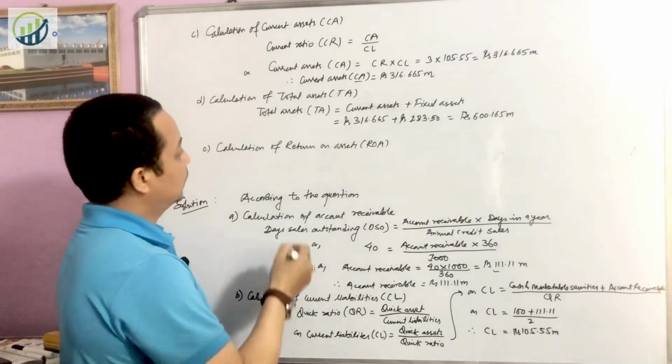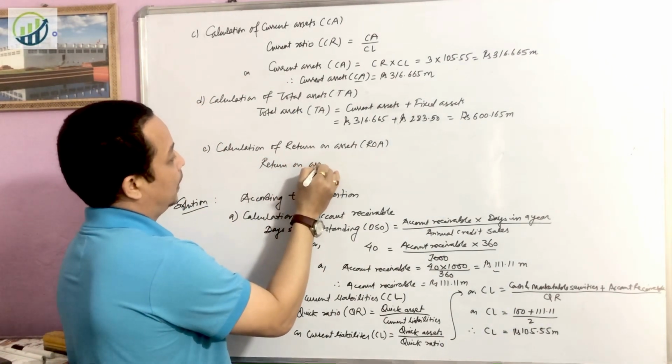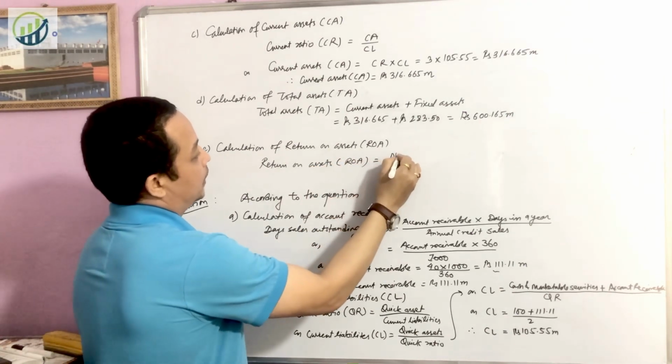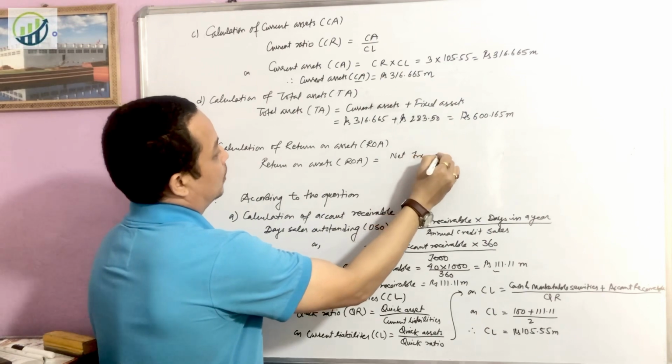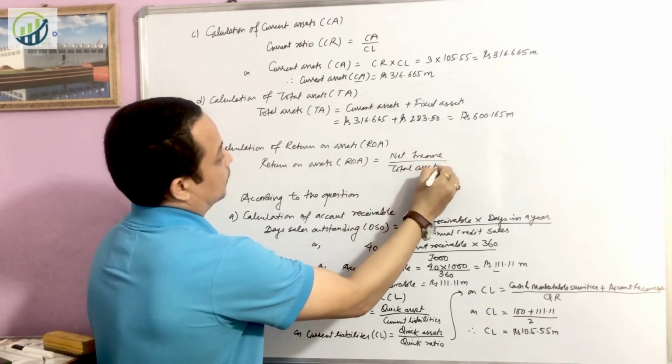Return on assets ROA equal to net income upon total assets.